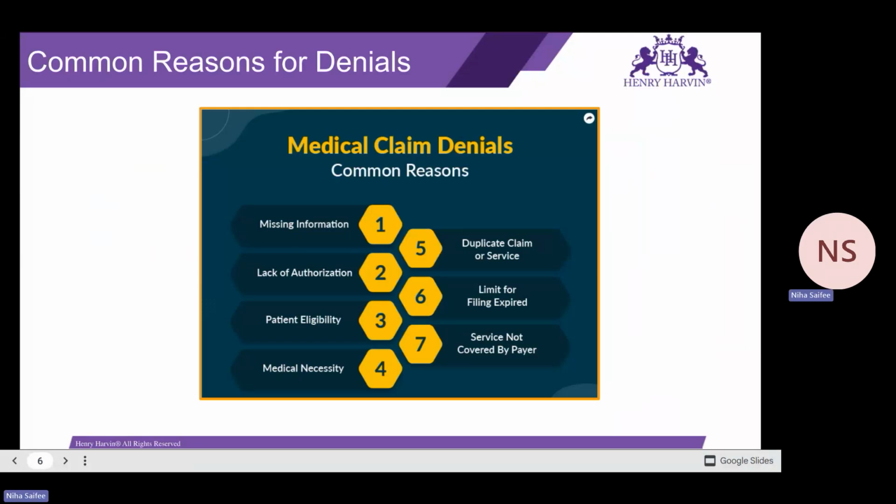There is a time frame given for claim submission. If you do it after that, again, it will be denied. Service not covered by the payer. That comes as part of the eligibility check. If you have not checked it properly, then the insurance company will deny, saying that this service is not covered by the payer.